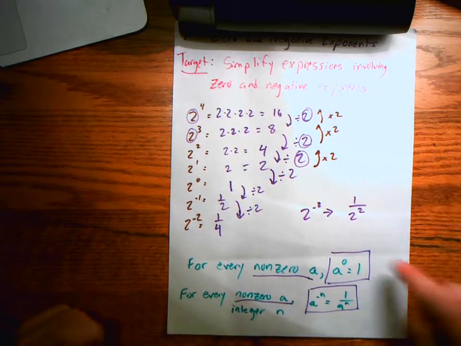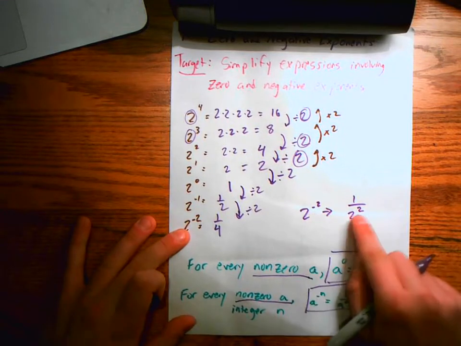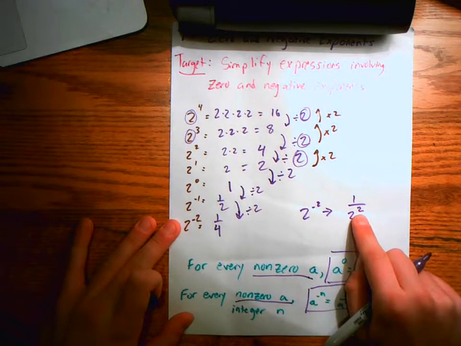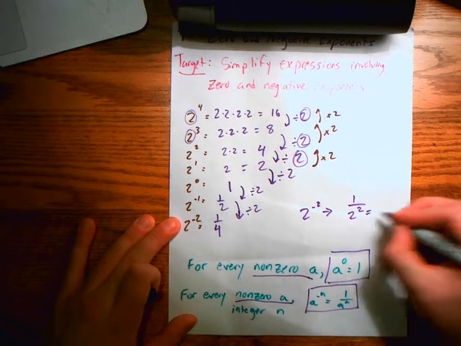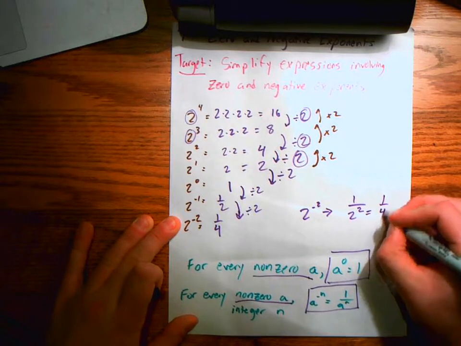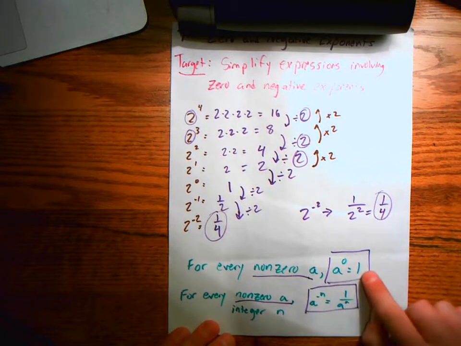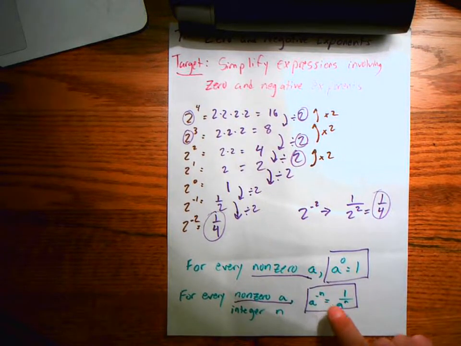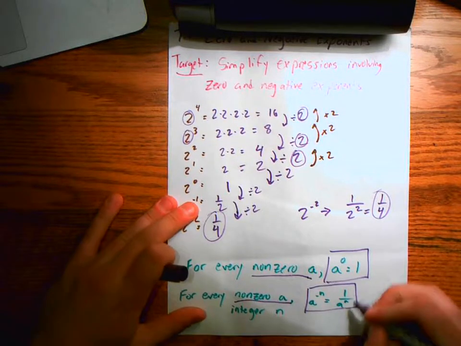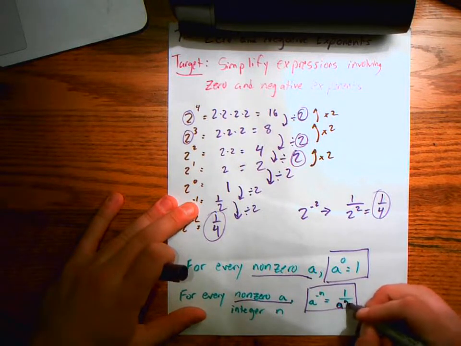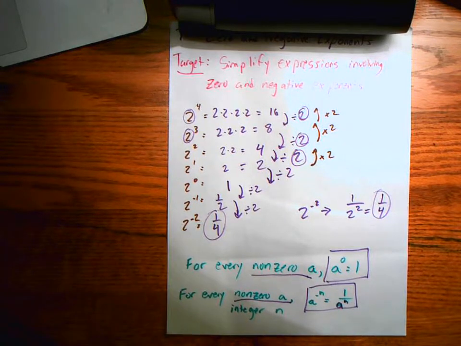You flip that number down to the bottom and your exponent now becomes positive. 2 squared of course becomes 4, and that's where we get this 1/4. So for every zero exponent, you're always going to get the number 1, and for every negative exponent, you take that term and its exponent, move it down into the denominator, and change the sign of the exponent to become positive.